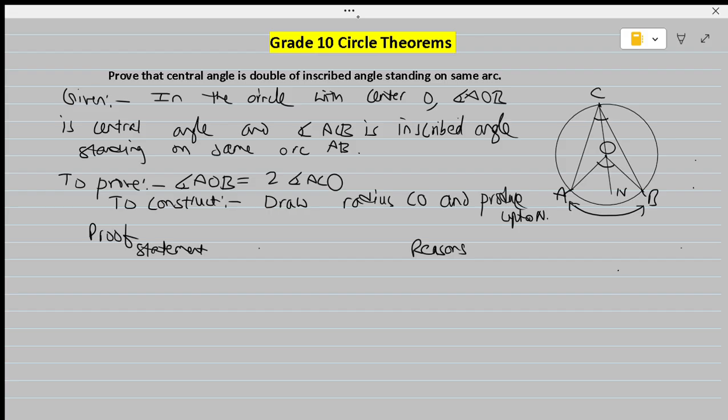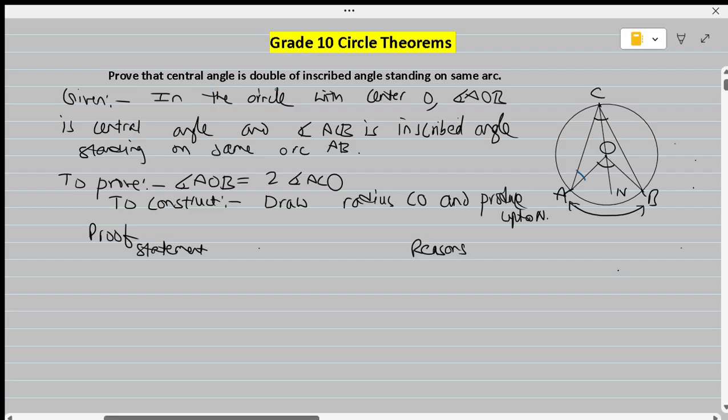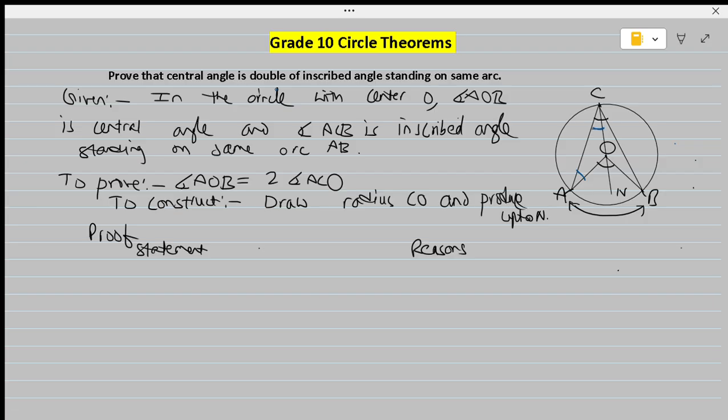So for triangle AOC, the base angles are these two. I'll mark them here. Angle OAC and angle ACO are the base angles of this isosceles triangle, so these two are equal. Furthermore, with the same concept, in the other triangle COB, angle OCB and angle OBC are equal, since they are base angles of the isosceles triangle COB.